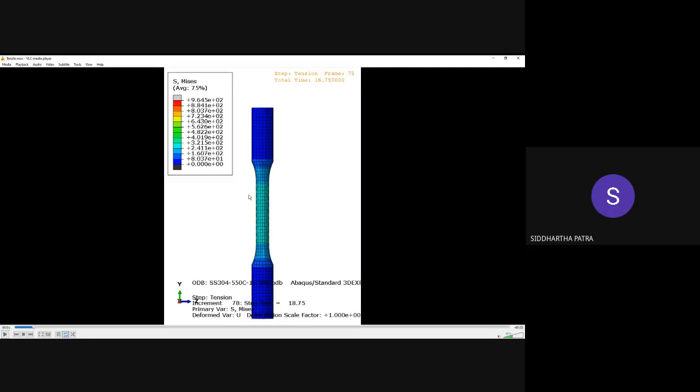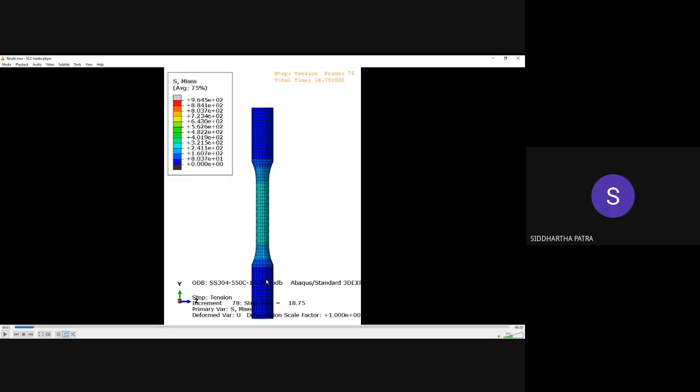So imagine I'm plotting the stress everywhere across the length. As you can see, at the two ends, the stress value is actually lower. Blue means low and red means high. Blue goes through sky blue, green, yellow, orange, and ultimately goes to red. So this blue portion is representing the lowest stress, which is obvious given that that is the largest diameter.